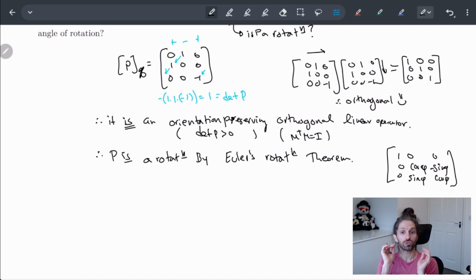Okay. So then what we have to calculate now is the axis of rotation and the amount that this rotated by. One thing to note by Euler's rotation theorem is that the eigenvector whose eigenvalue is 1 is precisely the vector that is the axis of rotation. So what is the eigenvector?